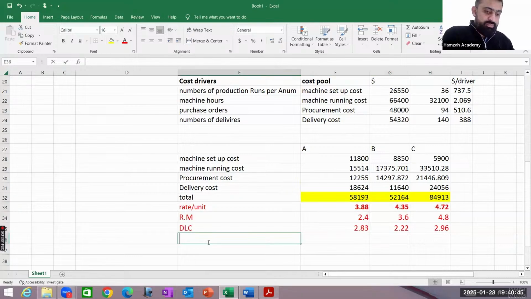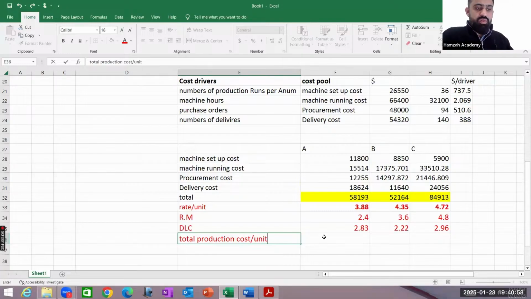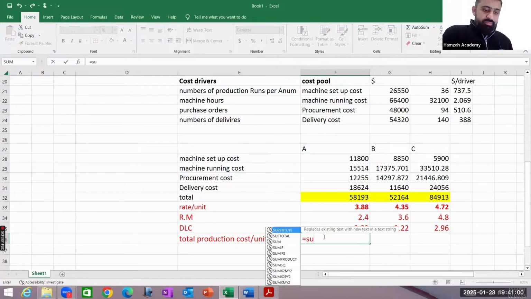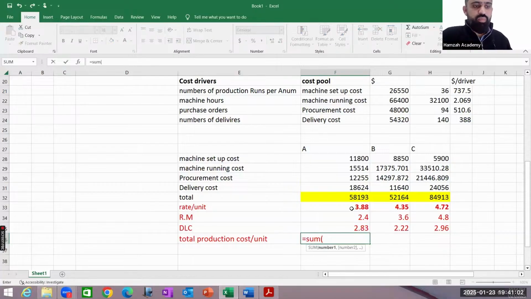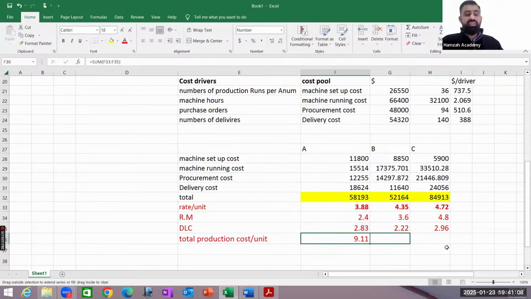So the total production cost per unit will be 9.11 for A, and for B and C it will be 10.17 and 12.48.